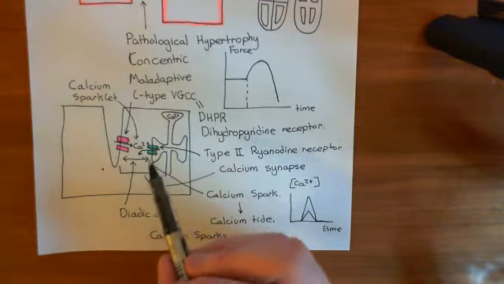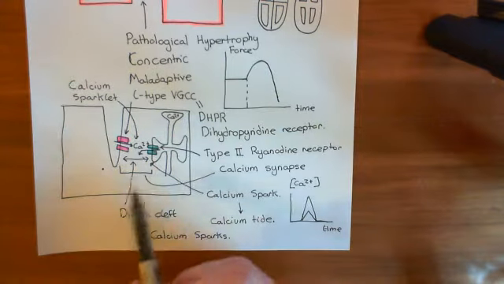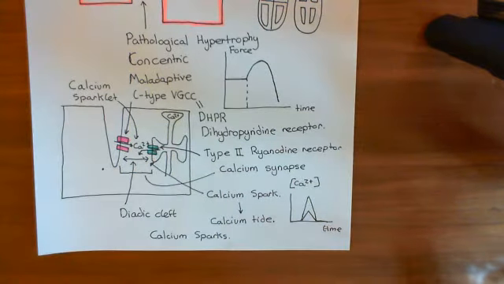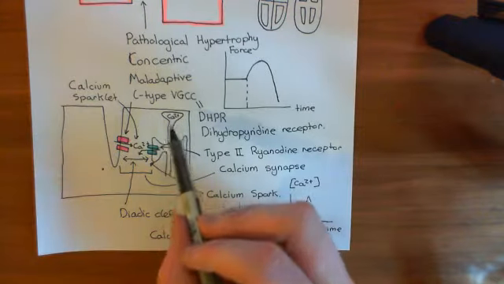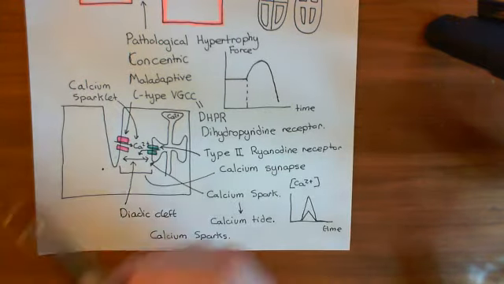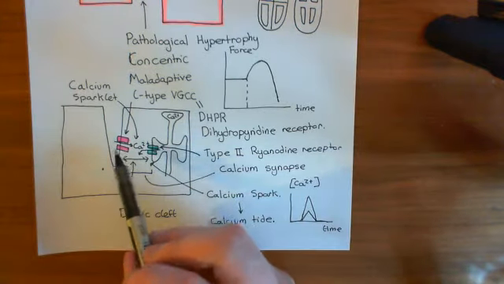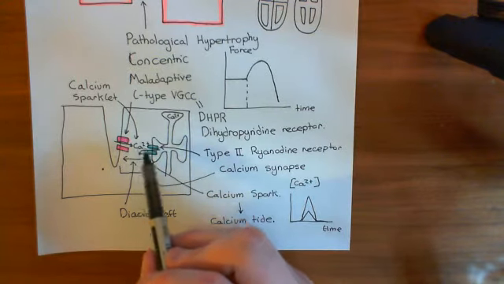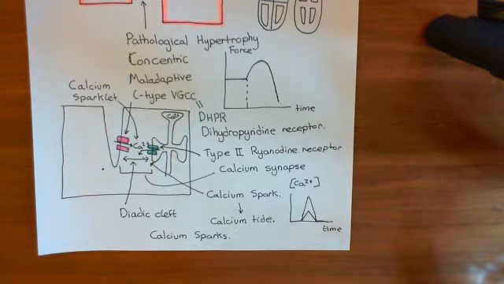If you look at a cardiomyocyte at rest that's undergone pathological cardiac hypertrophy, loads of calcium sparks are happening all the time that shouldn't be. You should only get calcium sparks when the action potential arrives and activates the L-type voltage-gated calcium channels, and the calcium sparklet then activates the type 2 ryanodine receptor to release a calcium spark.